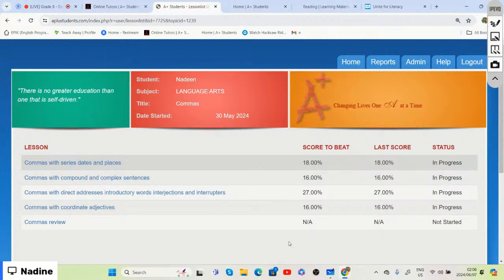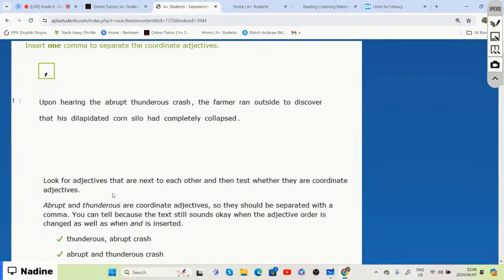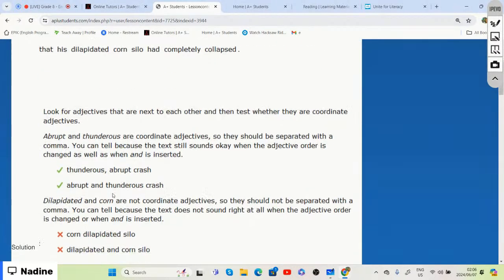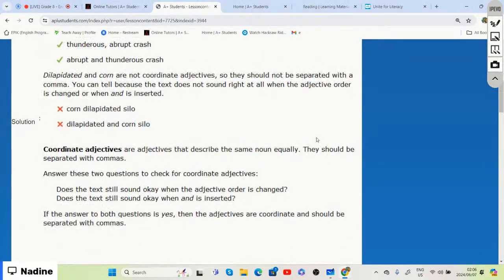All right, so we are doing commas with coordinate adjectives. Coordinate adjectives are adjectives that describe the same noun equally.